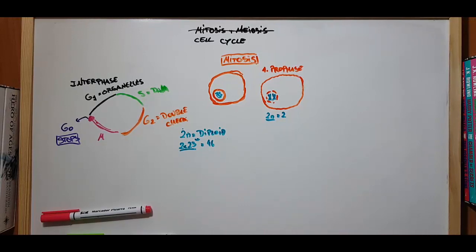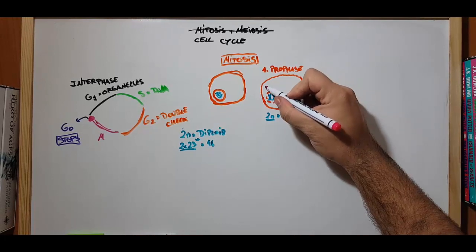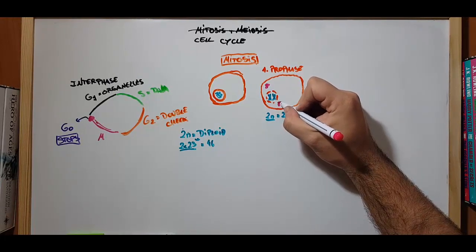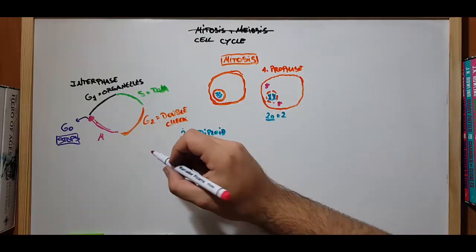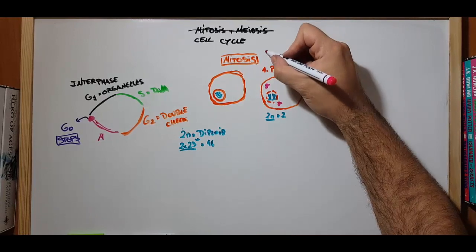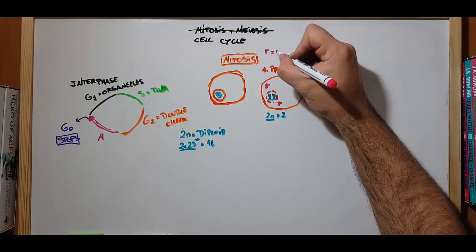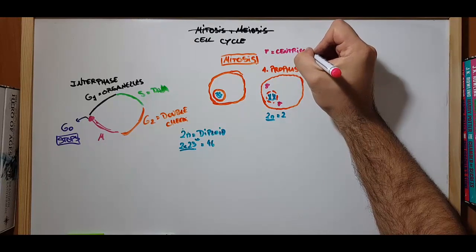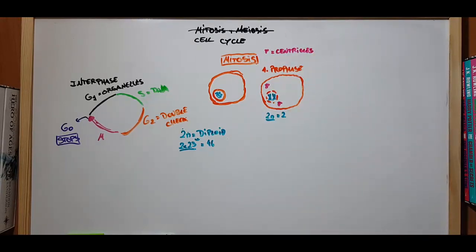So in the prophase, chromosomes start appearing, and then another structure that is called the centrioles is going to appear also. Okay, let me draw them here. These are centrioles.